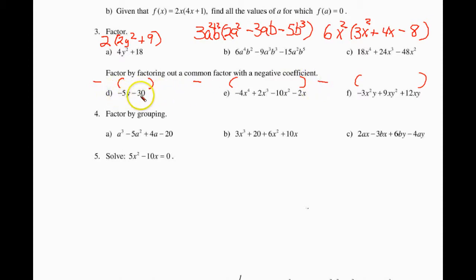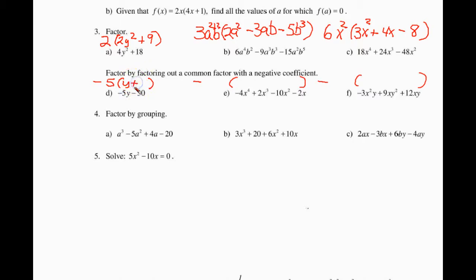So here, in terms of our number, what can we take out? A negative 5. So what will this be here? A y. Now notice when you multiply these, you get this. Now here, this is a negative. In order for this to be a negative, what do I take out?